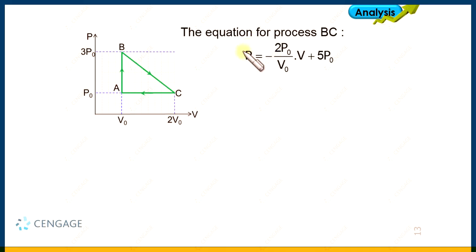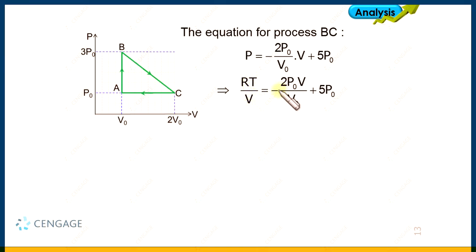and for the temperature relation we can use the ideal gas equation. We have the equation PV equal to nRT, that means P equal to nRT divided by V, and n equal to 1, that means P equal to RT divided by V, right. Now, we can write the temperature relation.